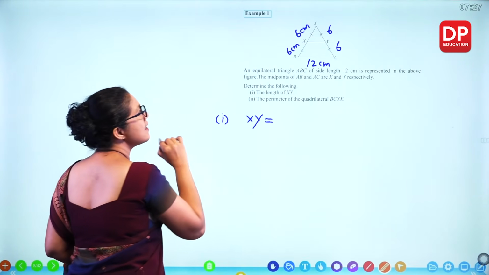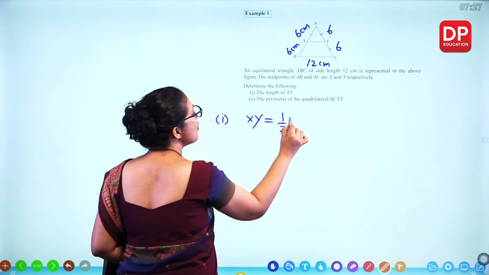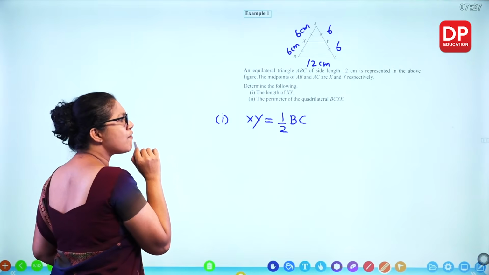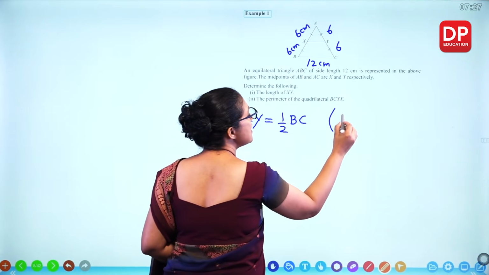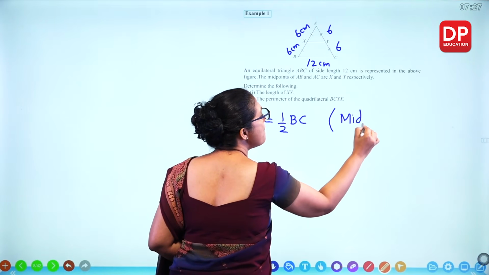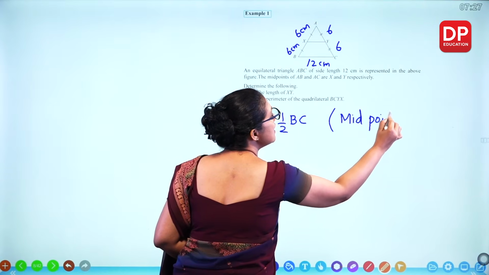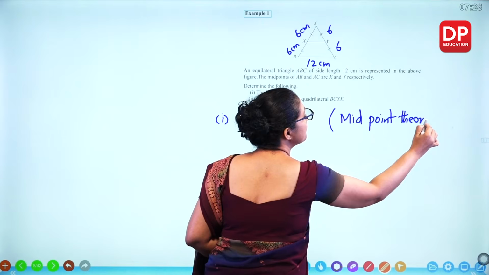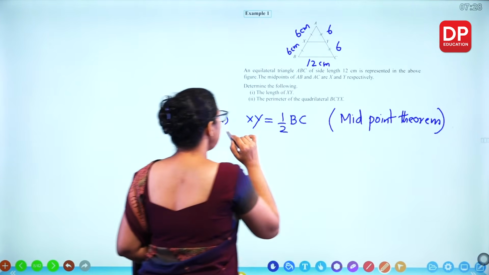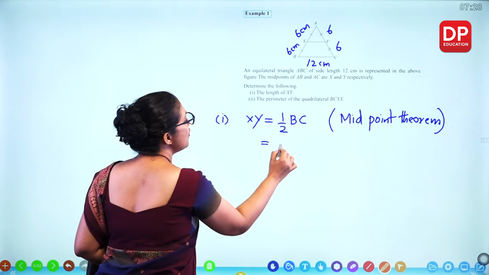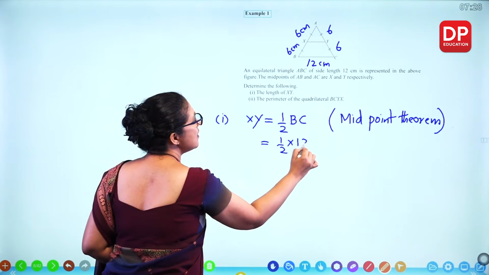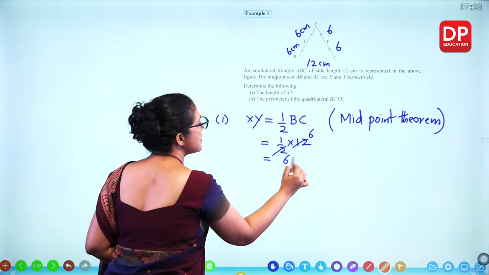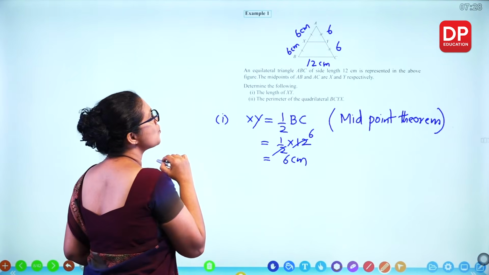XY is half of BC. The third side is BC. Half of BC. So this is according to midpoint theorem. Then we know BC is 12. 12 divided by 2, you get 6 centimeter for XY.